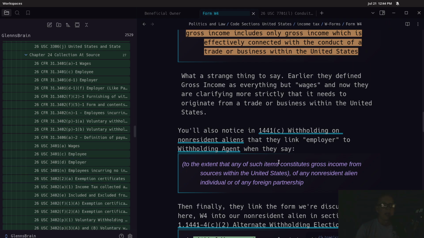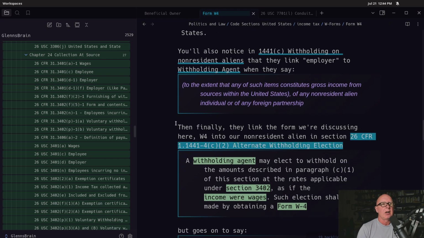So they link in the employer when they actually go in and do this, because they say to the extent that any such items constitute gross income from sources within the United States or of any non-resident alien or individual or any foreign partnership. So we now know that an employer is the same thing as a withholding agent. They're using these words synonymously.